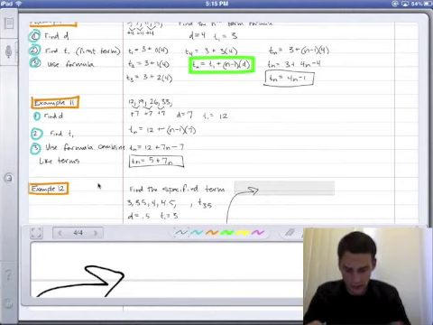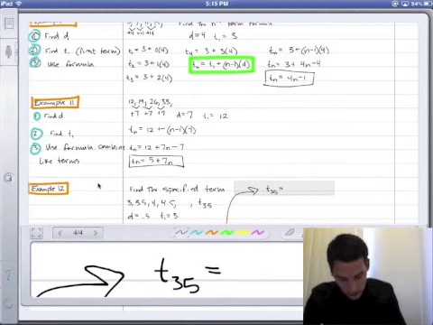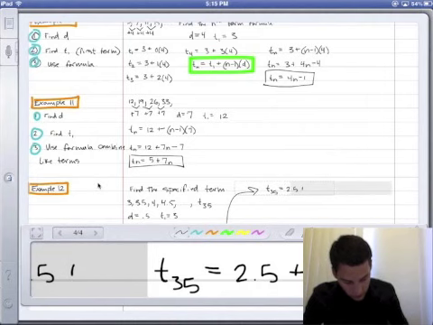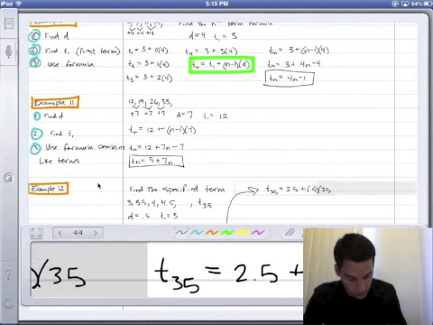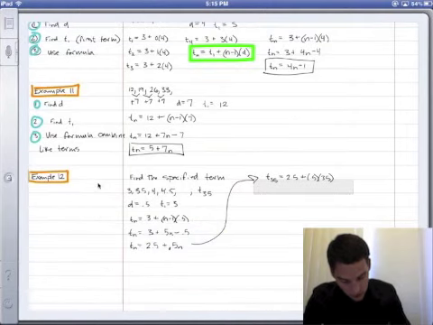I'm going to use that to find my 35th term. I'm going to plug in 35 for n. t sub 35 equals 2.5 plus 0.5 times 35. Right? Is that the formula? Yes, it is. So what do I get?